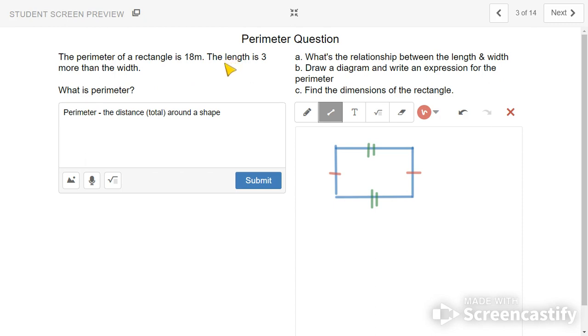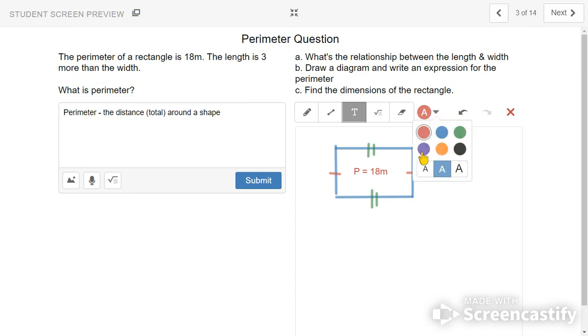I don't know what the length and width is, but if I did, I could add it all up, and I know that the perimeter is going to add up to 18. So perimeter equals 18 meters. However, they've told us that the length is 3 more than the width.